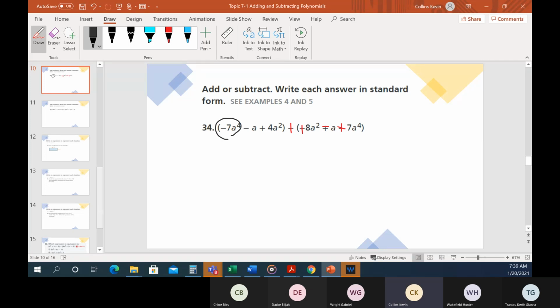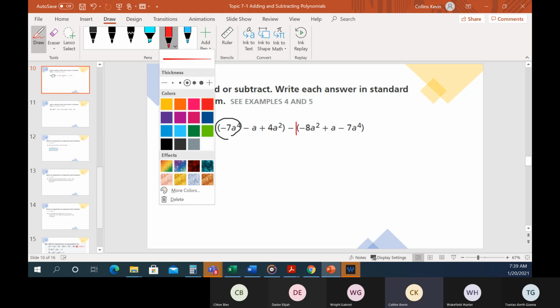Why? Because think of it this way. If you have, let me erase this here real quick, hang on. This is really the same as when you have a minus sign out in front of a parenthesis. This is the same as multiplying the whole thing by negative 1. But the lazy math guys don't write the negative 1. Okay? So then you can think of it as like a distribution thing.